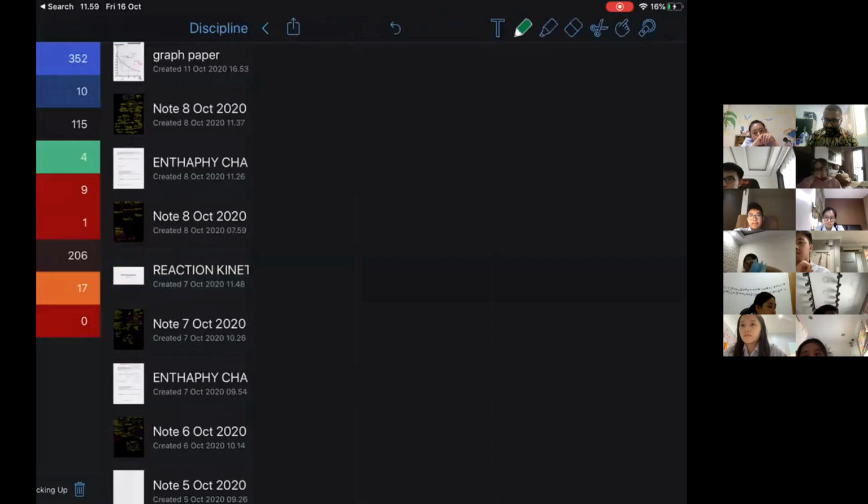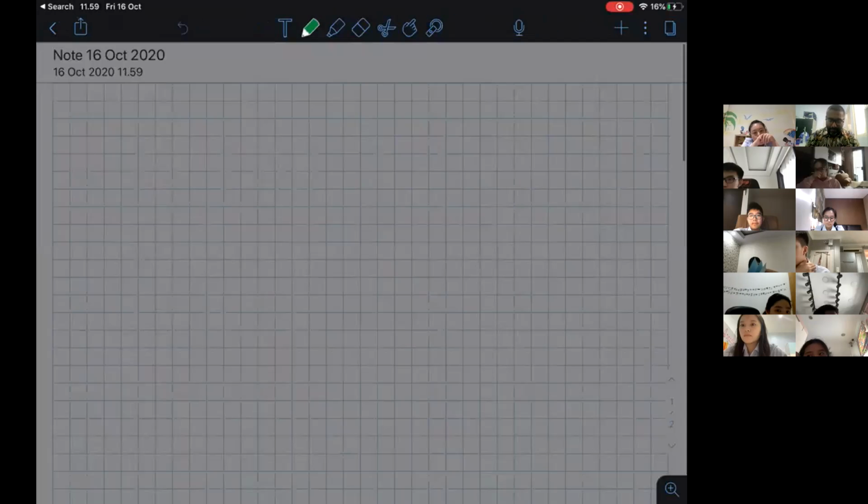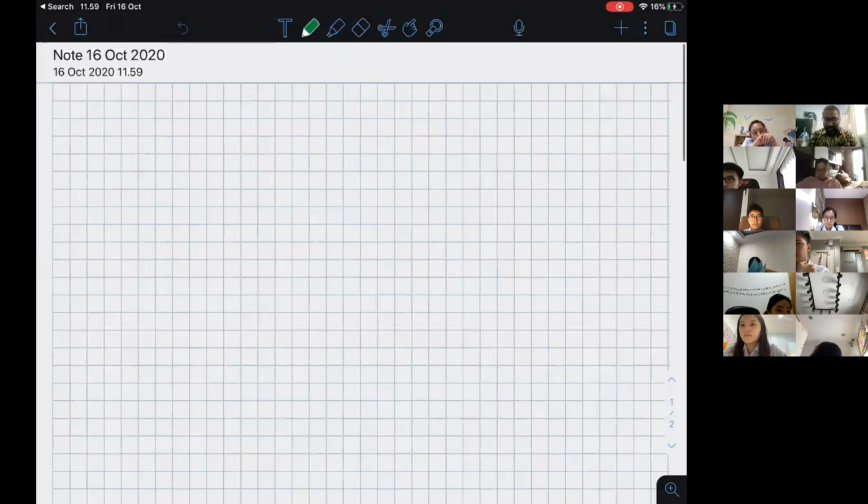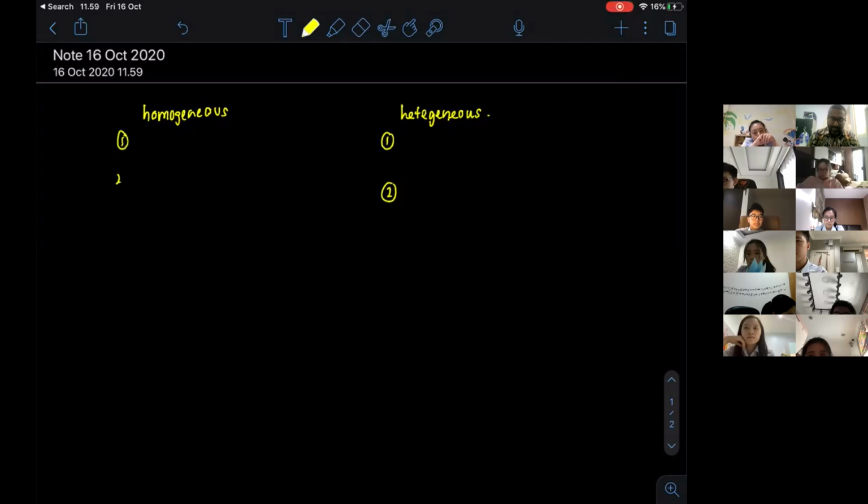Jody, if I put it this way, of course you can understand the concepts, but if I ask you to recall the reactions, for example, if I ask you to give two examples of reactions involving homogeneous and heterogeneous catalysts, can you give that?